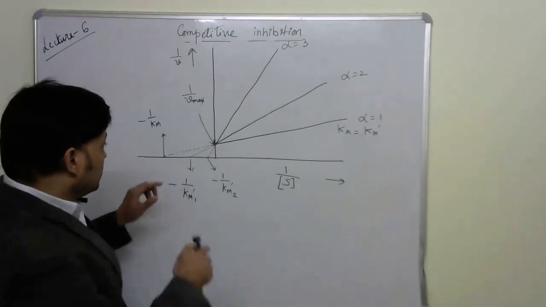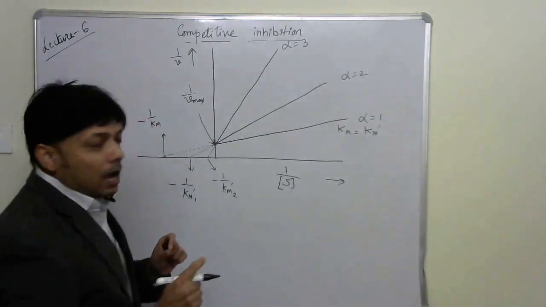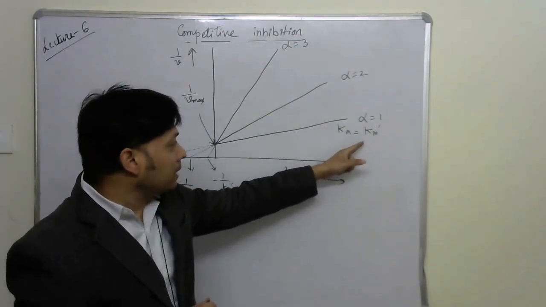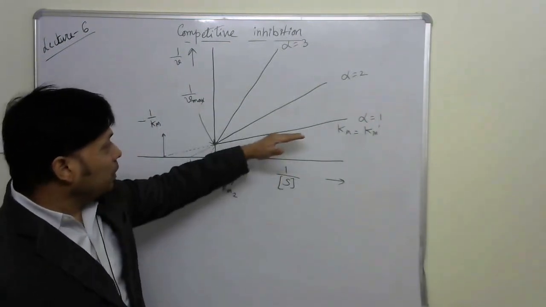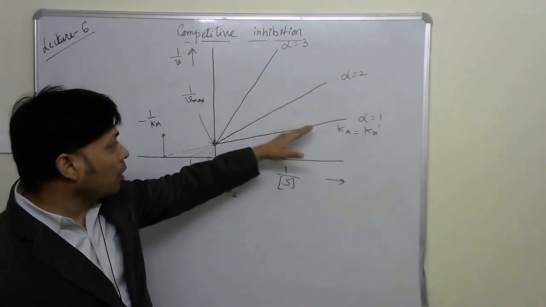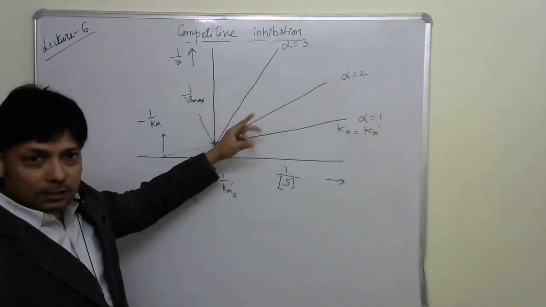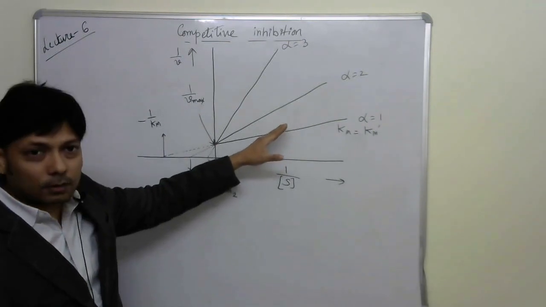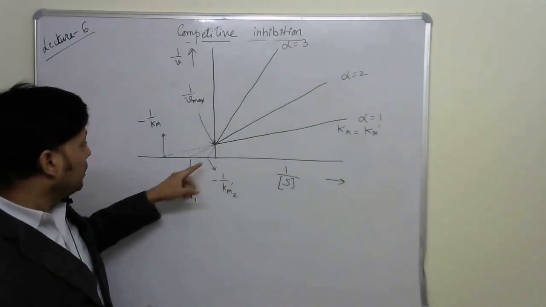Here the first line represents the uninhibited reaction, that is alpha is equal to 1, and the apparent Michaelis constant is equal to the true Michaelis constant. Then as we increase the inhibitor concentration, from alpha equal to 1 to alpha equal to 2, you see the slope increases. It is clear from the Lineweaver-Burk equation.